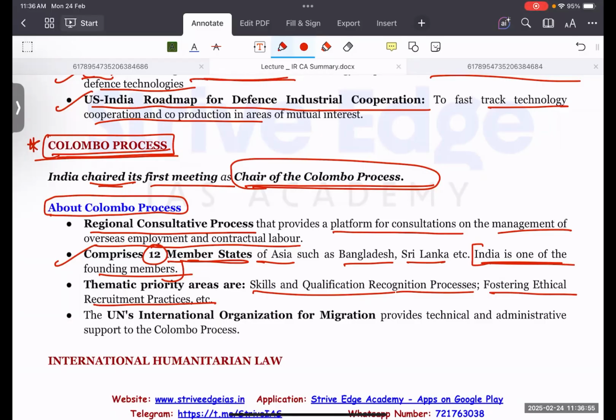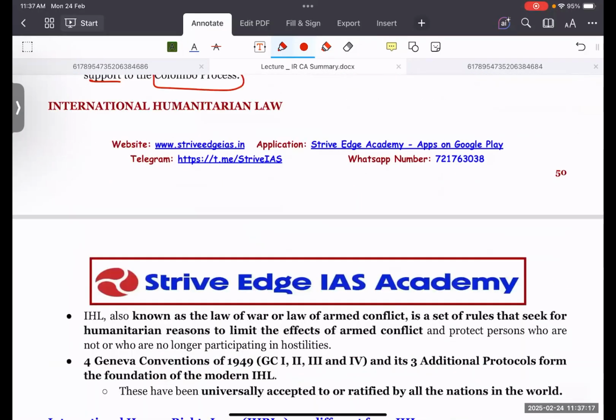That is where these 12 member countries will sit together, discuss and provide provisions for overseas employment and contractual labor. And the UN's International Organization for Migration will provide the technical and administrative support to the Colombo Process.